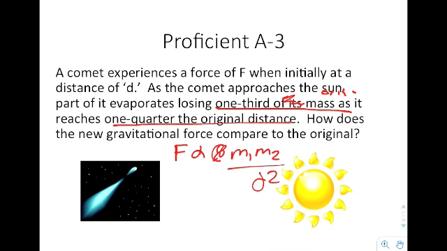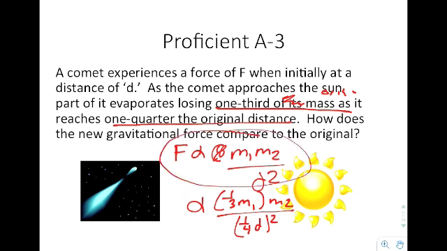But in the new situation, I'm going to have 1/3 of m1, and I still have m2. And in this case, I'm going to have 1/4 the distance. But remember, distance is a squared term. So I can get this exact same expression. What I've done is I've decreased the gravitational force by 1/3 because of the mass. So that's that 1/3 right here.